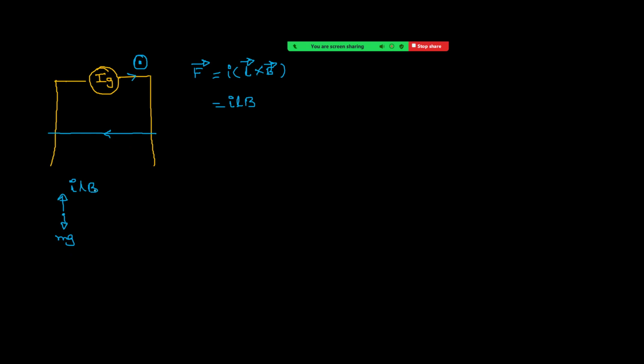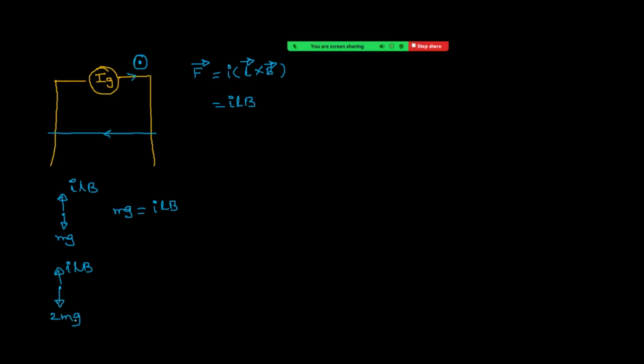Then see what happens. There is no change in the magnetic force, but the weight is now doubled. So we got the conclusion that mg equals ILB. Now we have replaced the wire with a wire of double the mass, so the weight is now 2 mg and this remains the same ILB.